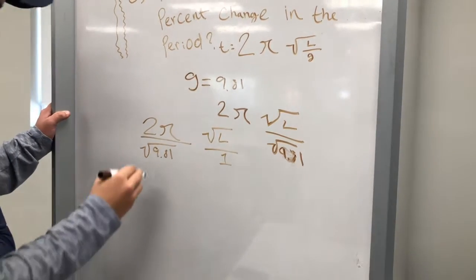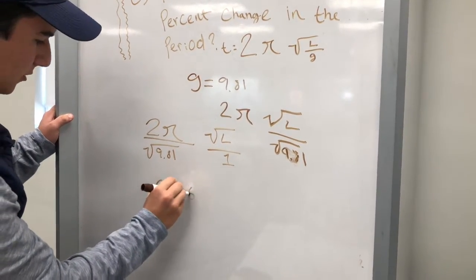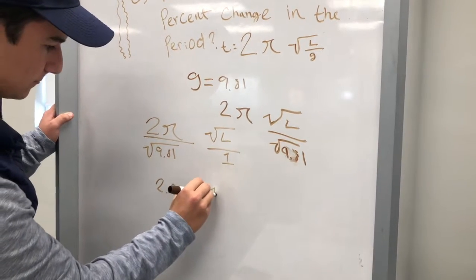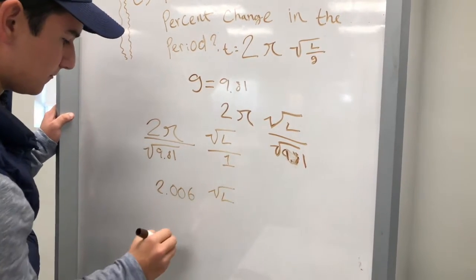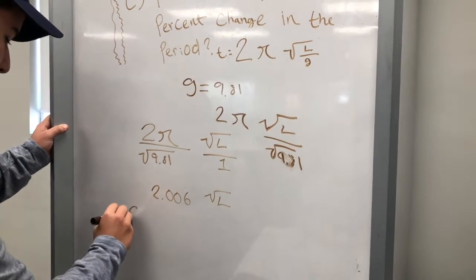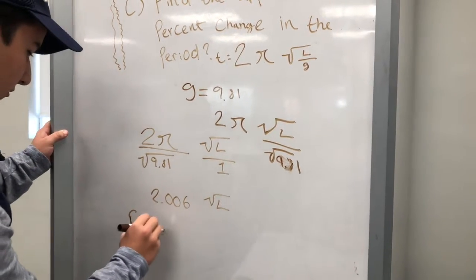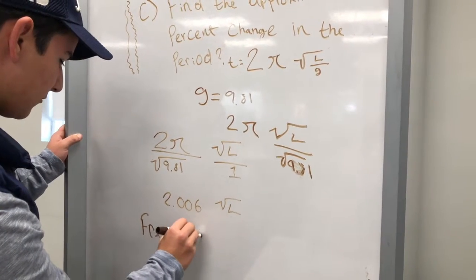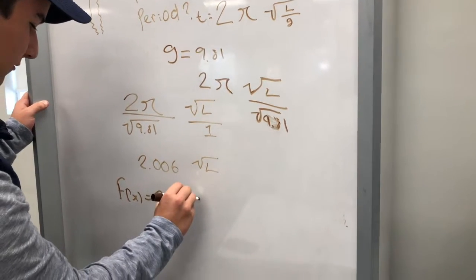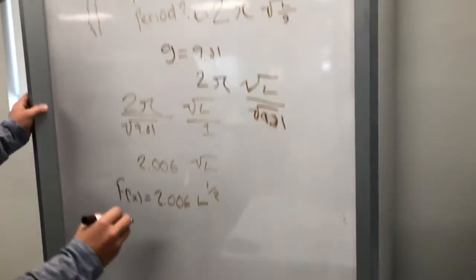So we divide 2 pi by the square root of 9.81, which gives us 2.006. And we just pass the L down. So this means our function of x equals 2.006 times L to the 1/2 as exponent. We do this in order to derivate easily.